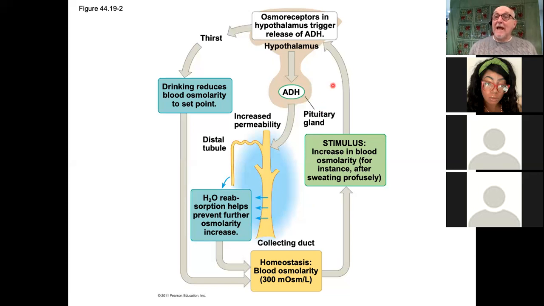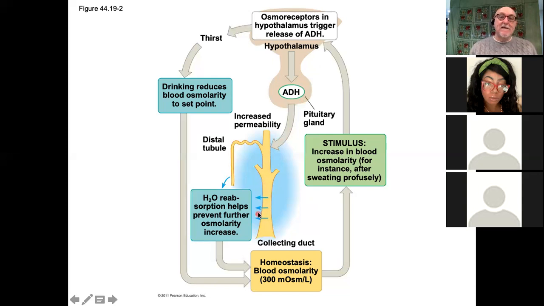If the solute concentration of the blood begins to increase, the hypothalamus releases a hormone which travels to the pituitary and causes the pituitary to release antidiuretic hormone. Antidiuretic hormone goes into circulation, and it has its activity on the collecting duct of the kidney.